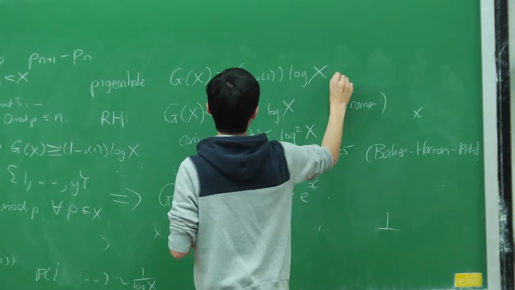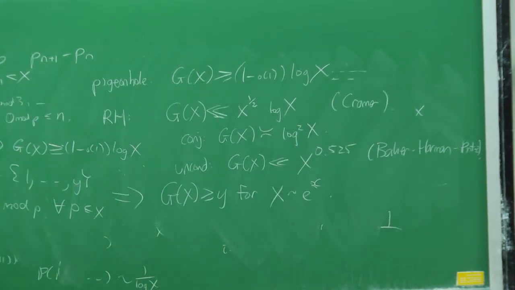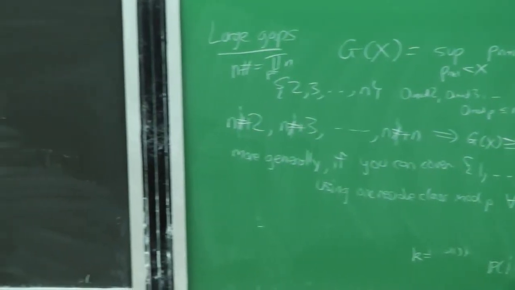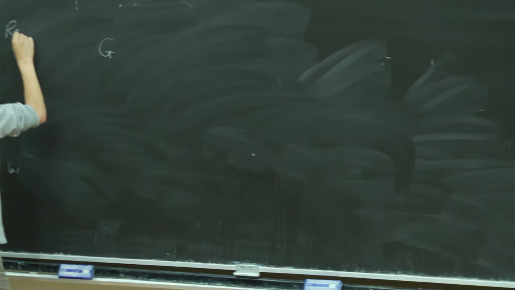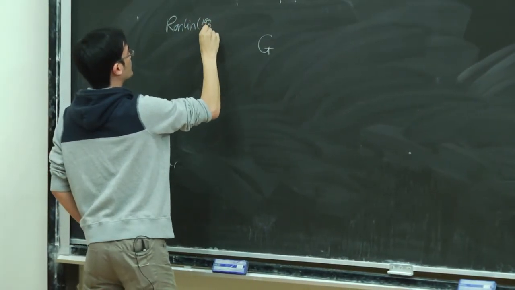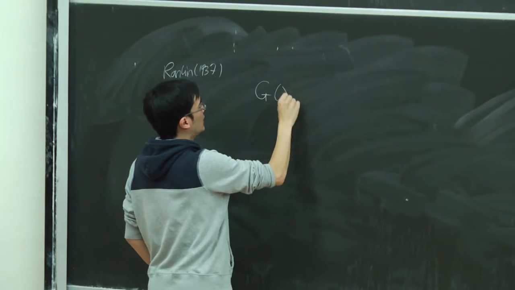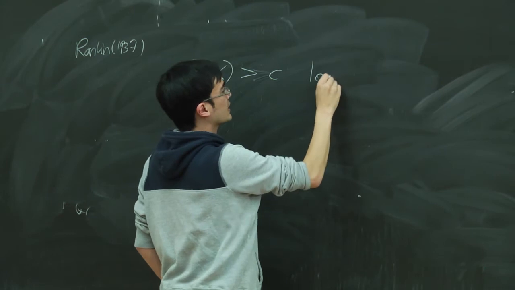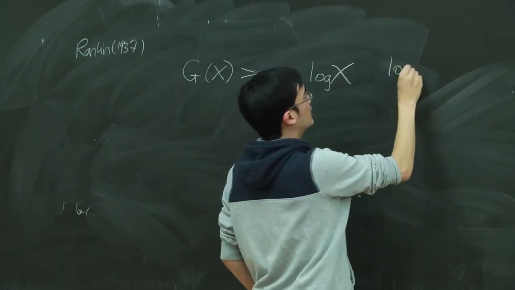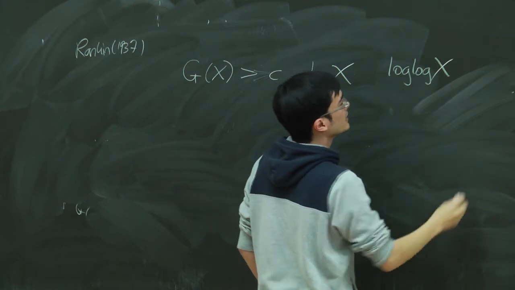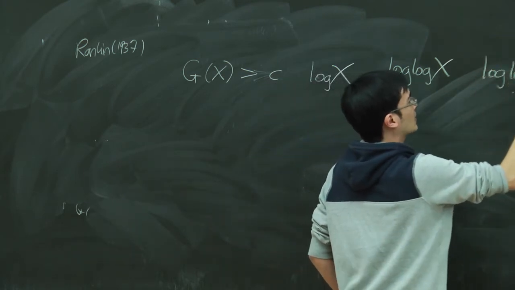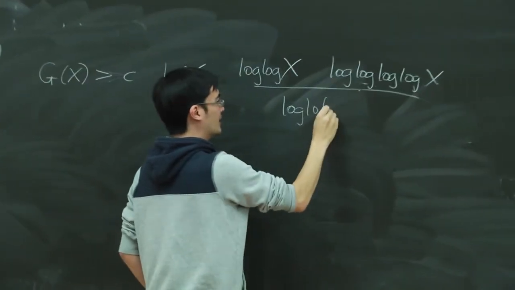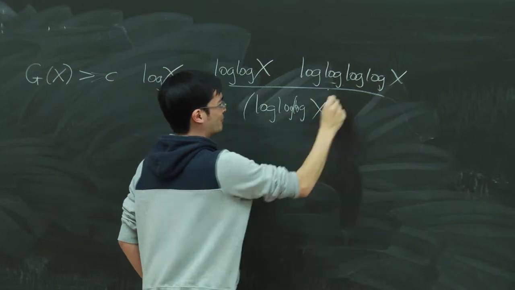There were slight improvements to this bound, and then in around 1937 or something, for a long time, the best bound known was log x times log log x times log log log log x over (log log log x) squared.